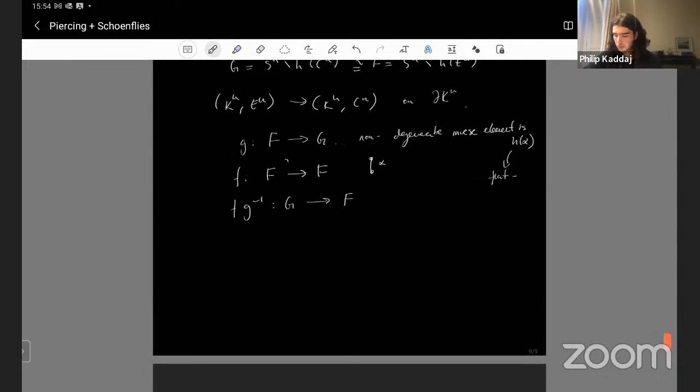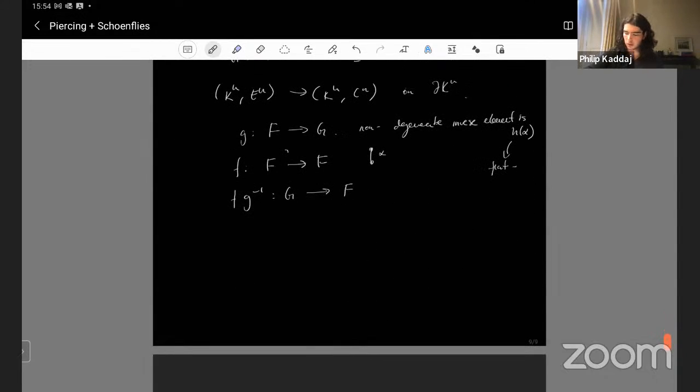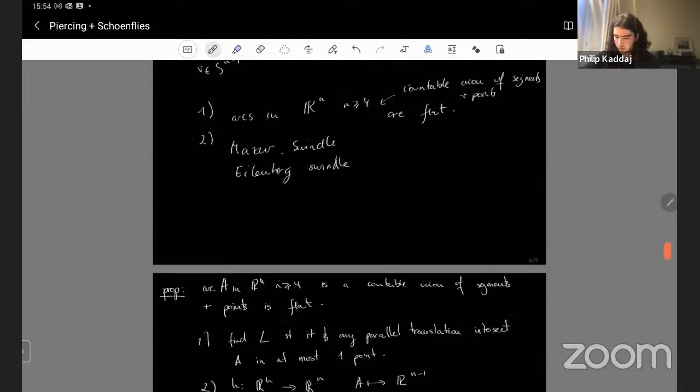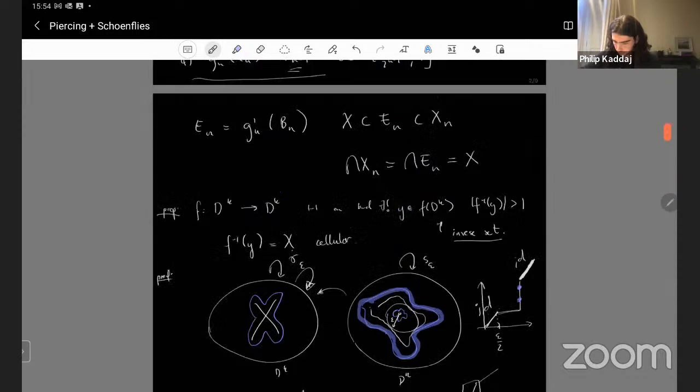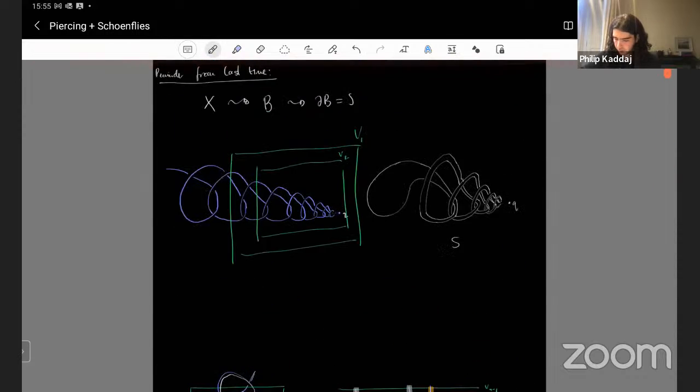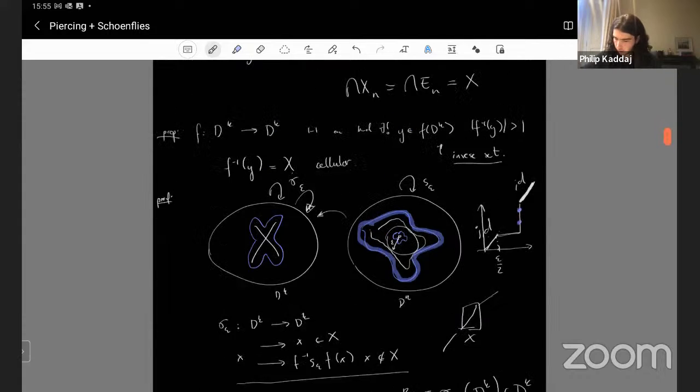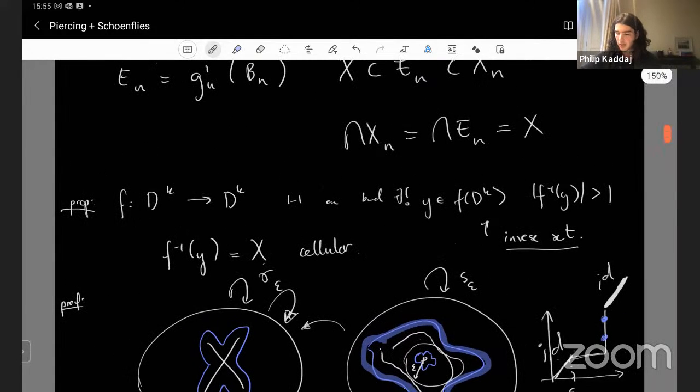We had this proposition about cellular sets, which was that a map from the disk to itself, one-to-one on the boundary and with a unique inverse set, is cellular.